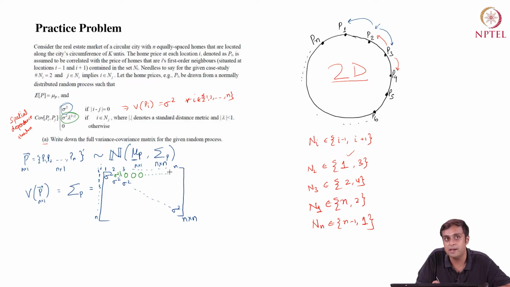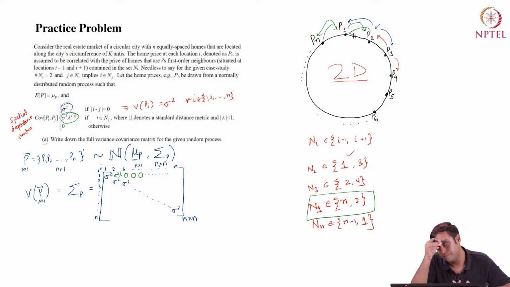At location n, we know that in the neighborhood set of location 1, n is 1's neighbor. It's in fact the first order neighbor of 1. So location 1 will have a spillover from and to location n and location 2.